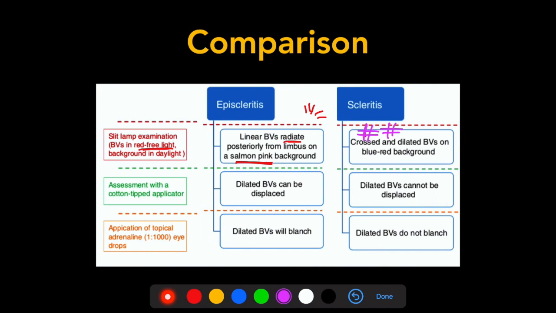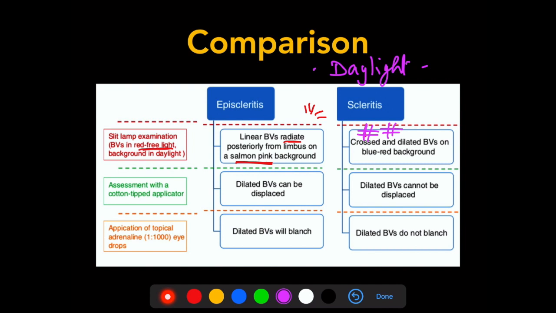The most important tip I should mention now is that whenever you examine a patient with scleritis, always examine under daylight. Even before you put the patient on a slit lamp, examining under daylight is the key, because the daylight examination is going to give a very clear violaceous or purplish hue.